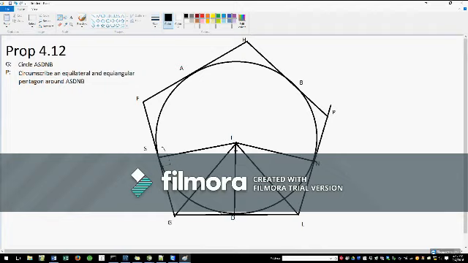Similarly, we can prove that the angles at D and N are right.